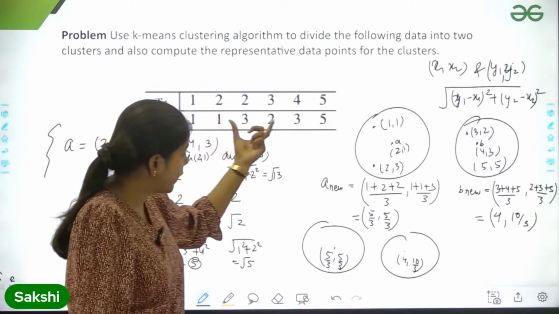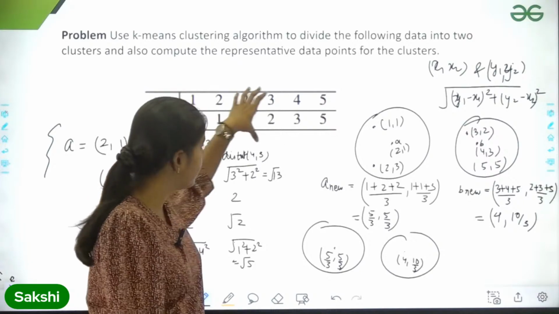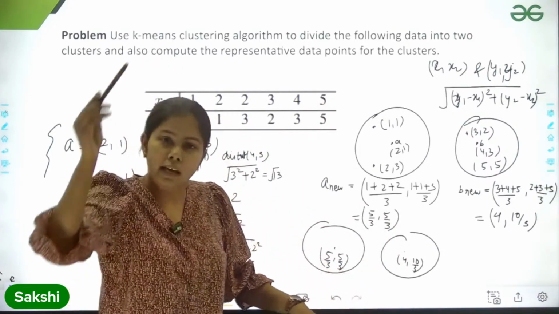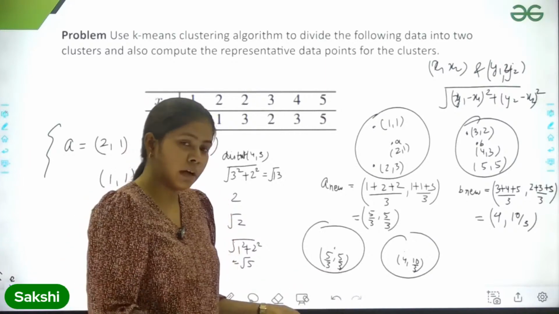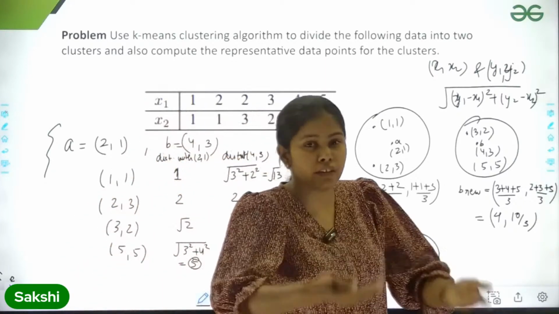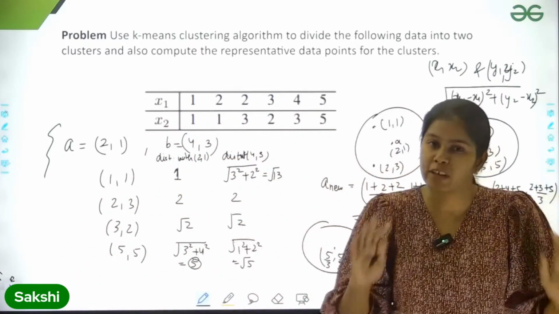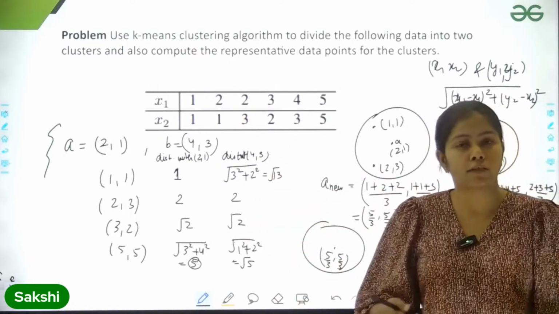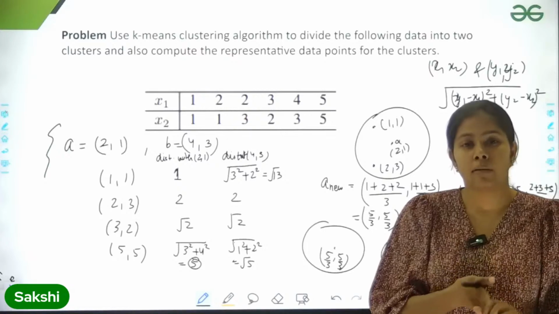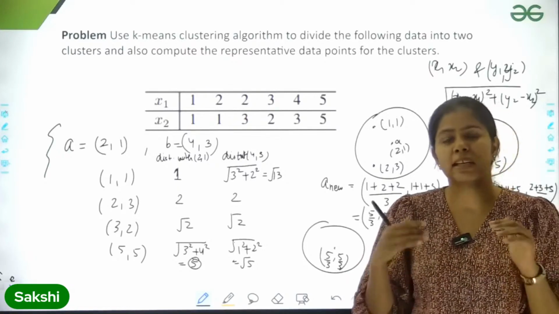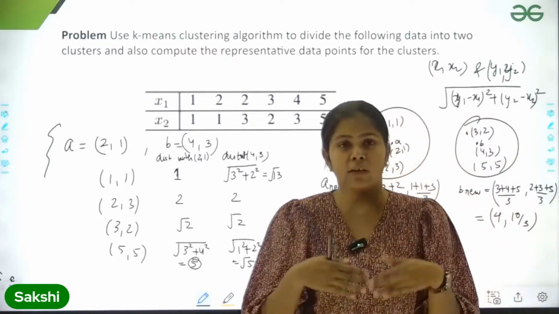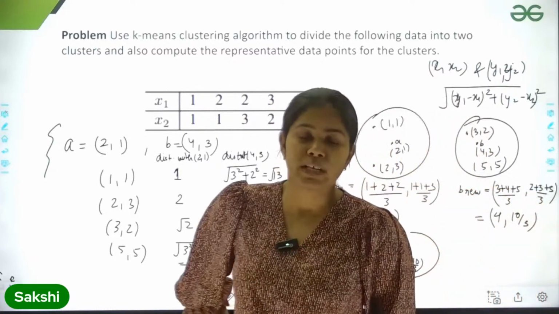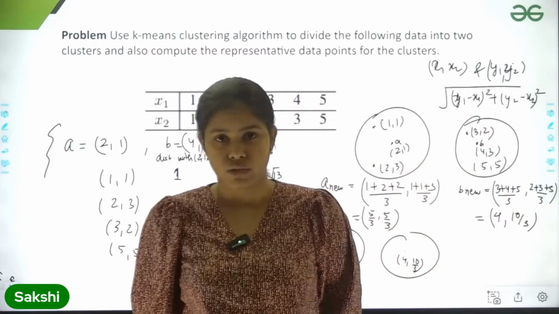So first I'll put all these points in the clusters, and then again take the average and renew my centroids. Once I get my renewed centroids, I have to repeat this process in a loop until there is no difference, or very little difference, between the previous centroids and the new centroids. That would happen when points are not moving from one cluster to another cluster.